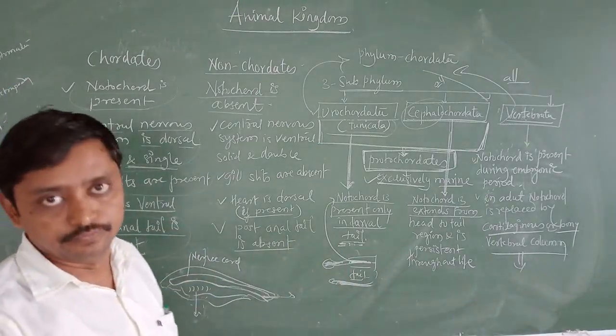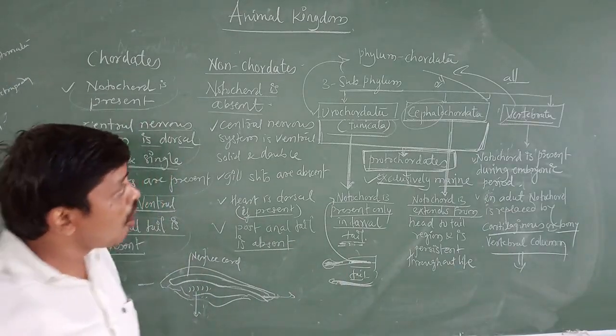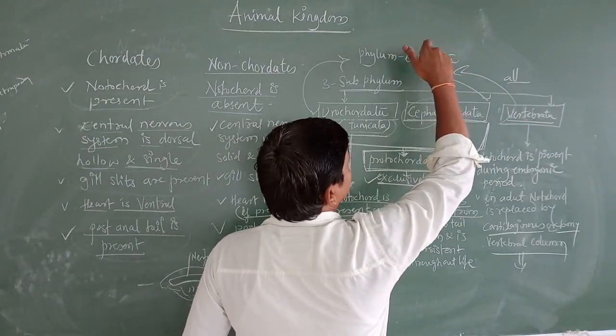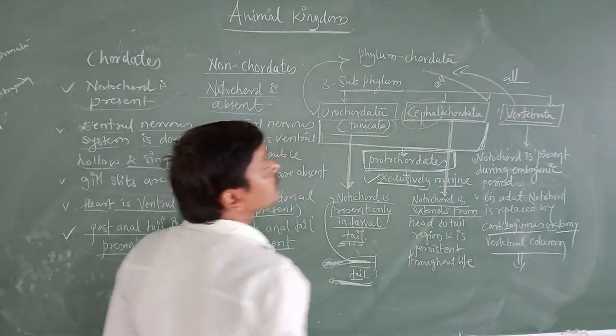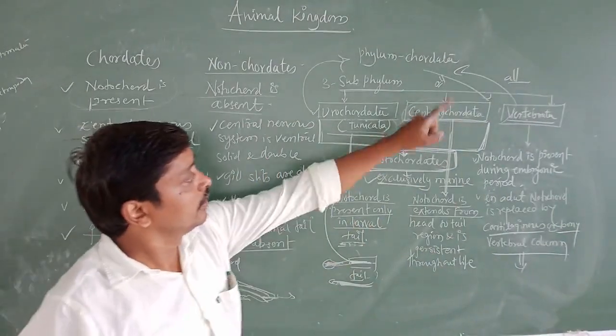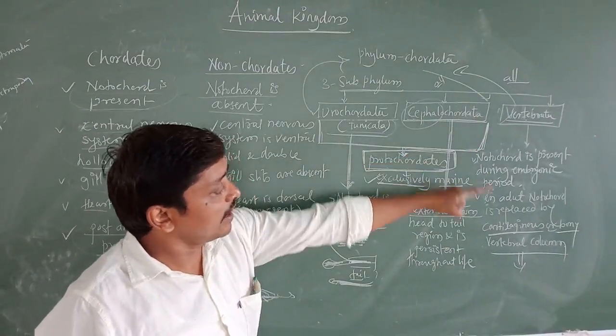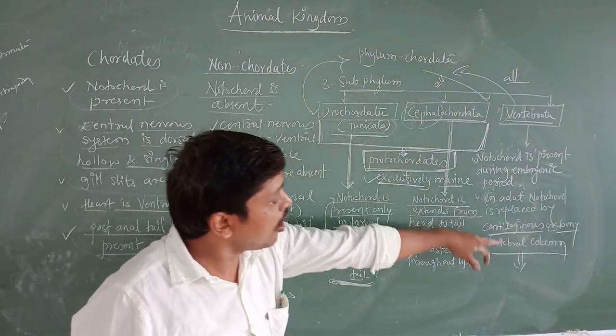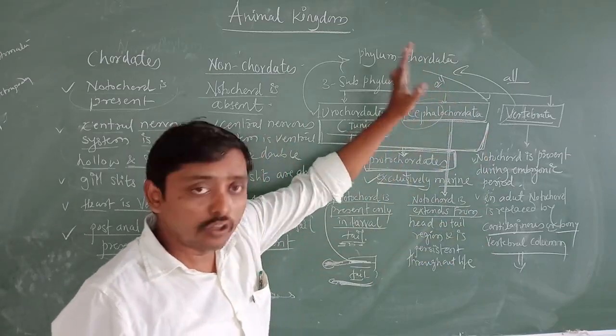A question can be asked: why are all vertebrates chordates but not all chordates vertebrates? Because vertebrates have the vertebral column and they come under the chordates. That's why all the vertebrates are chordates.